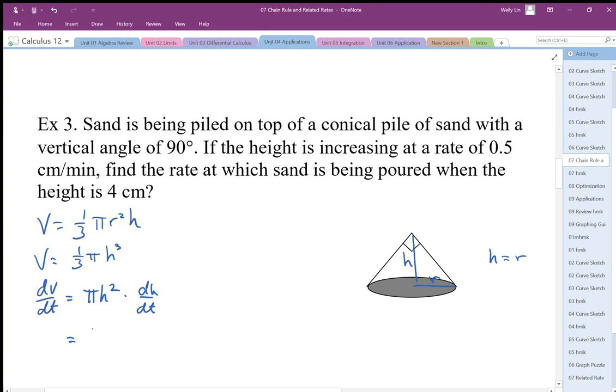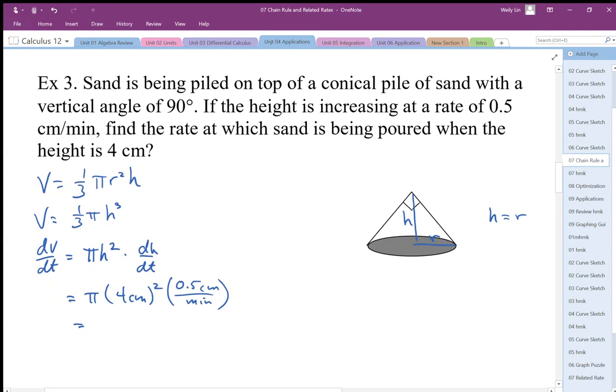I know the height is 4 centimeters, and I know the rate of change is 0.5 centimeters per minute, and that gives me 16 times 0.5 is 8, so 8 pi centimeters squared times centimeters is centimeters cubed per minute. That is our dV by dt.